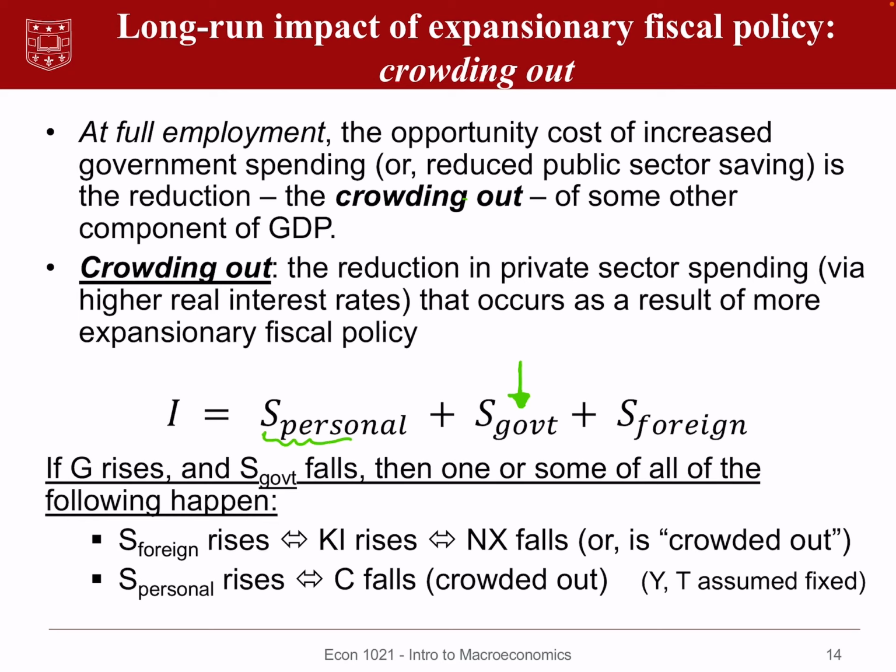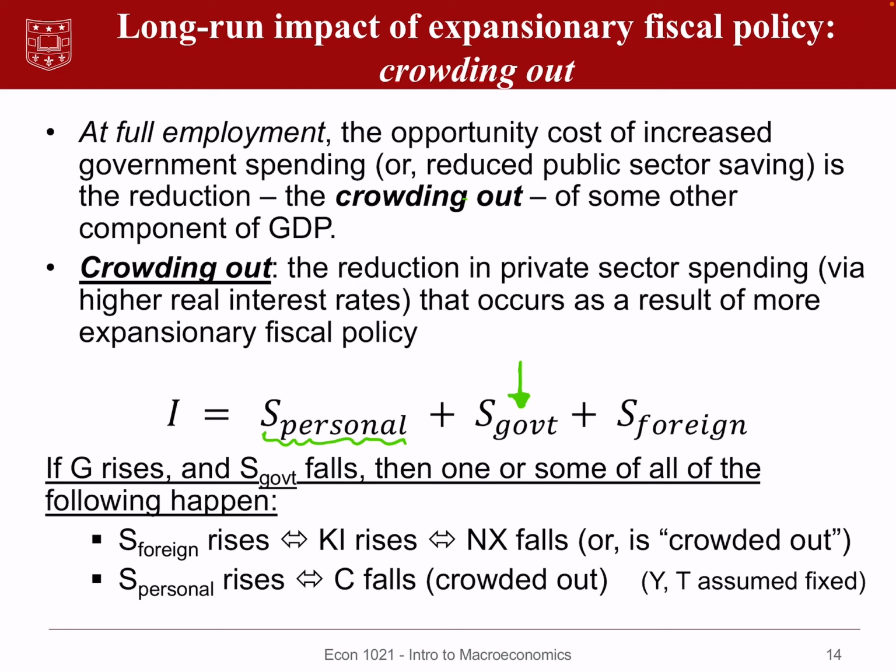Alternatively, we could focus on another thing that could flex, and that's the level of personal savings. So if government savings goes down, personal savings could rise. So what would be the story here? We see budget deficits rise and we say, oh, crud, down the road, my tax burden's going to go up.